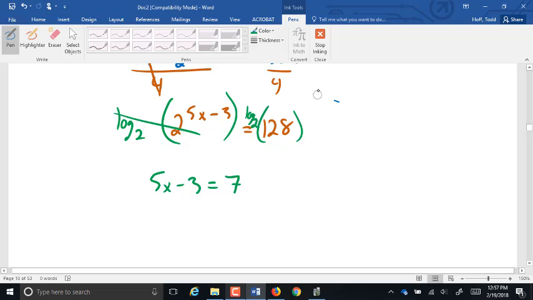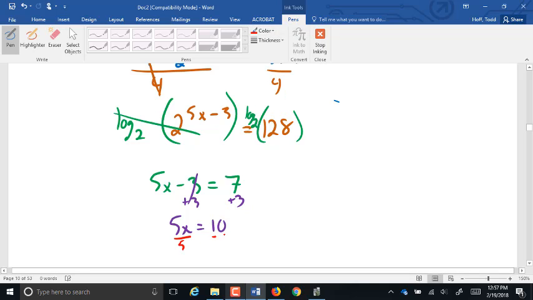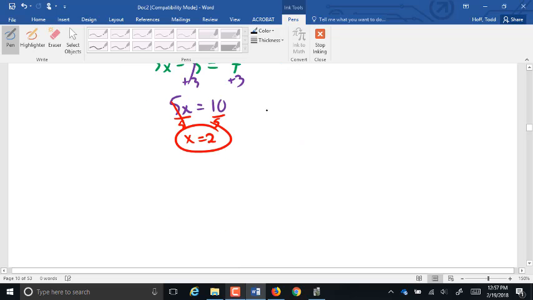And then add 3. 5x equals 10. And then we divide by 5. X equals 2. Good deal. How many of you got that? Would you have got there if I gave you a little more time? No? You had it? Okay. It's okay. It happens.